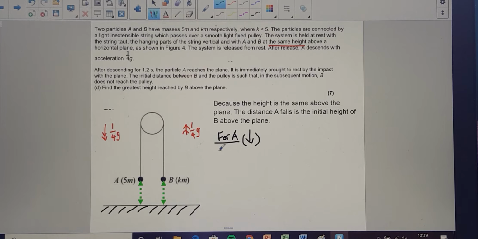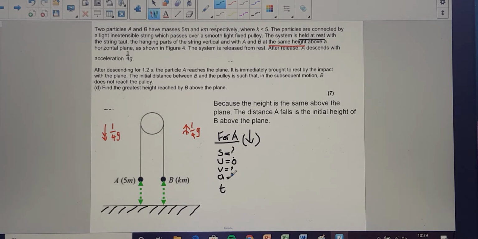So let's list our SUVAT. The distance is the thing that I want. It tells us in the question the system is held at rest. Therefore, I know that the initial velocity is 0. The final velocity I don't know, but we'll come on to that in a second. I'm going to want that.